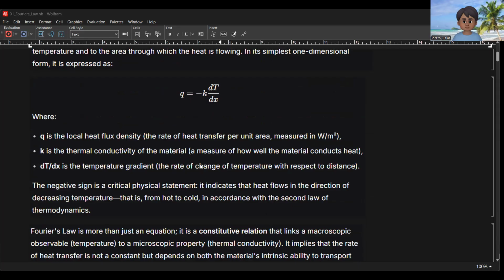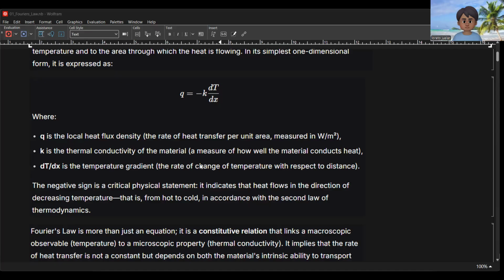Fourier's law in one dimension is expressed as q equals negative k, the derivative of temperature with respect to x, where q is the heat flux, representing the rate of heat transfer per unit area. k is the thermal conductivity of the material, indicating how effectively it conducts heat. Then dT over dx is the temperature gradient, which describes how temperature changes with distance.